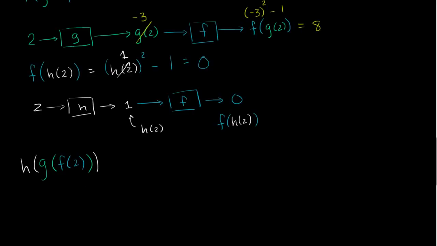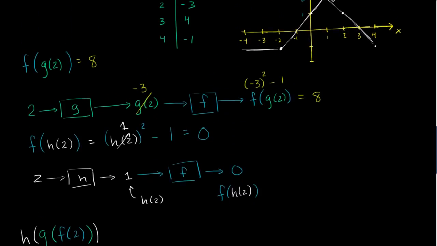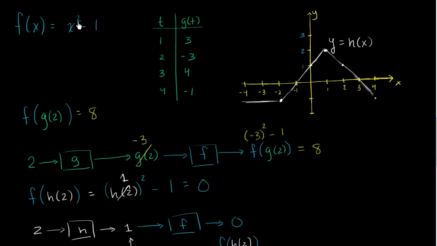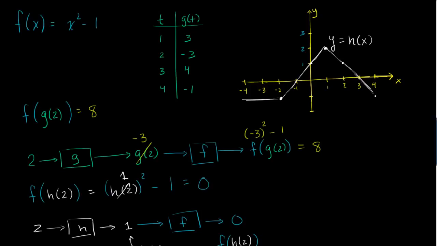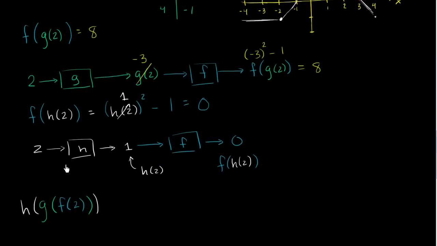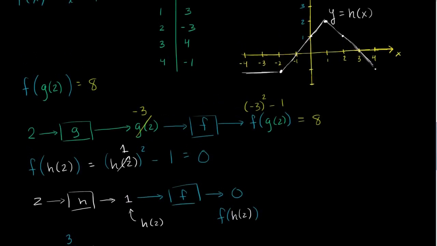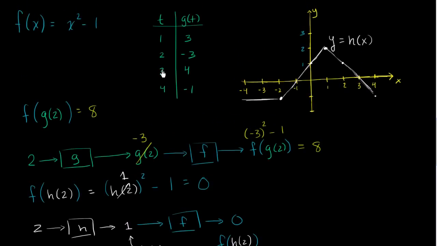So there's a bunch of ways we could do this. One way is to just try to evaluate what is f of 2. Well, f of 2 is going to be equal to 2 squared minus 1. It's going to be 4 minus 1, or 3. So this is going to be equal to 3. Now what is g of 3? When t is equal to 3, g of 3 is 4.